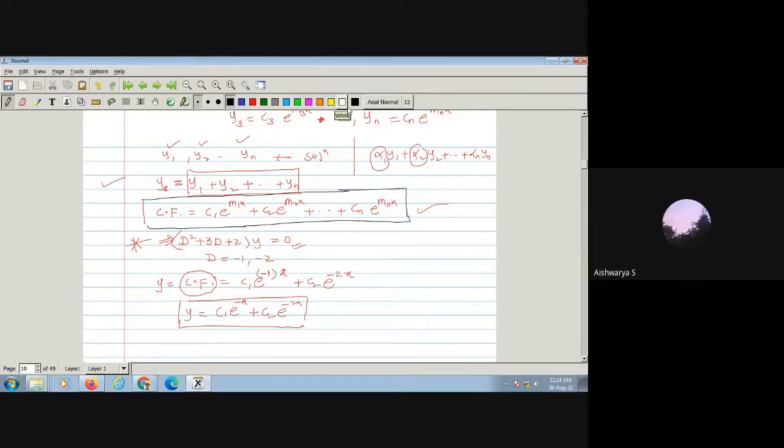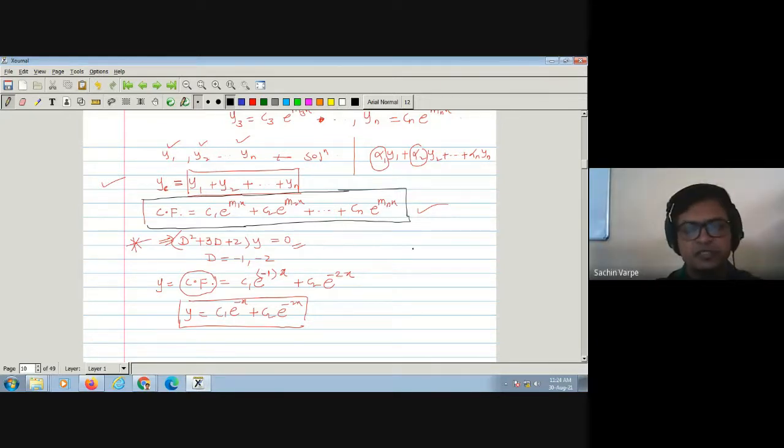So the complementary function is the solution of the homogeneous differential equation, where the right hand side is 0. Clear? If the right hand side is given to be non-zero, for getting the complementary function we have to consider it to be 0.